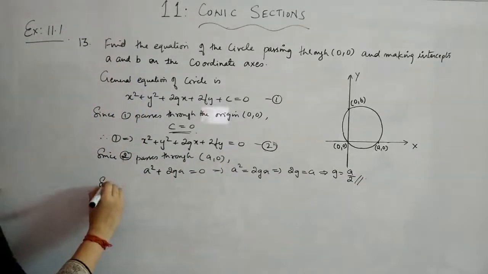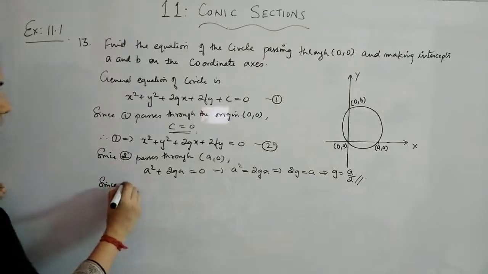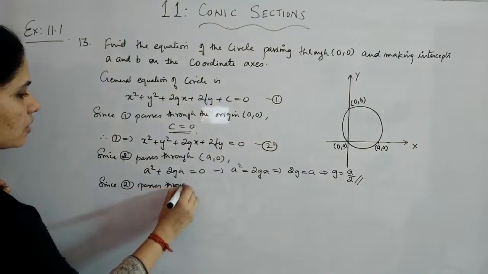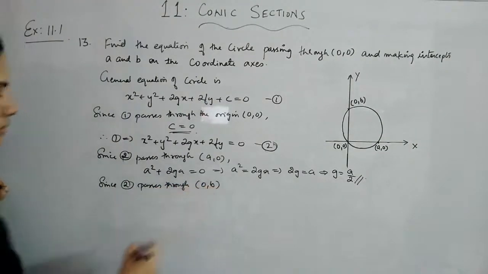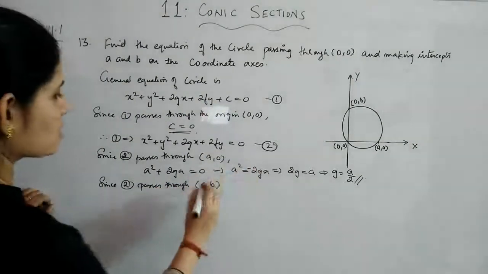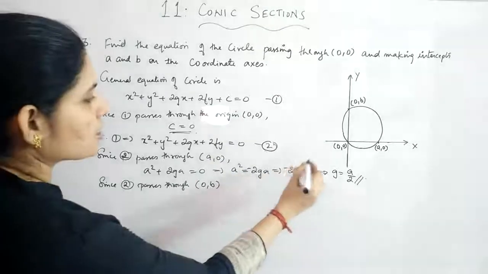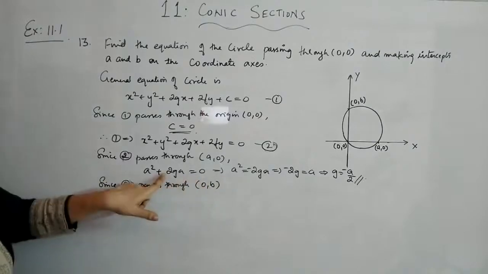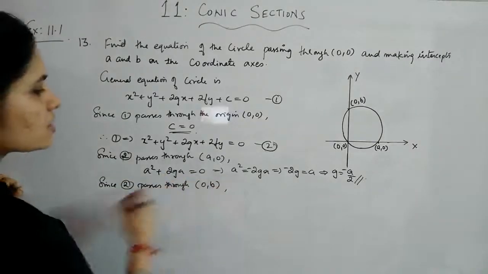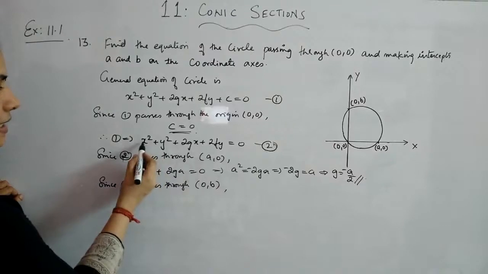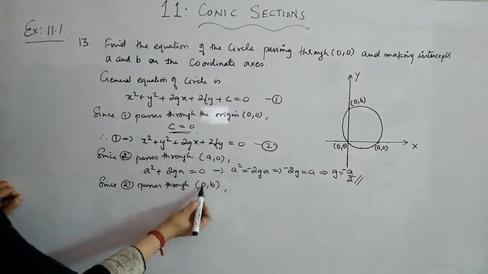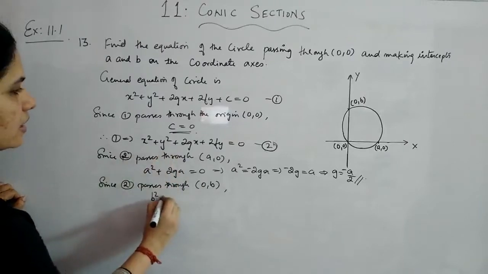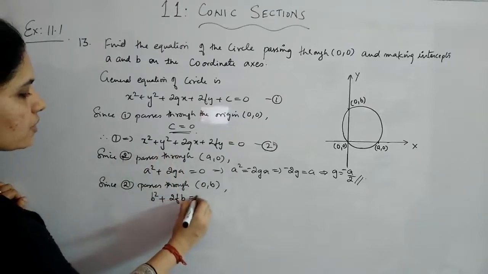Now again, the same equation passes through 0 comma b. You will get the x term to be 0 because x is replaced with 0 and y is replaced with b, so that you will get b square plus 2fb equal to 0.